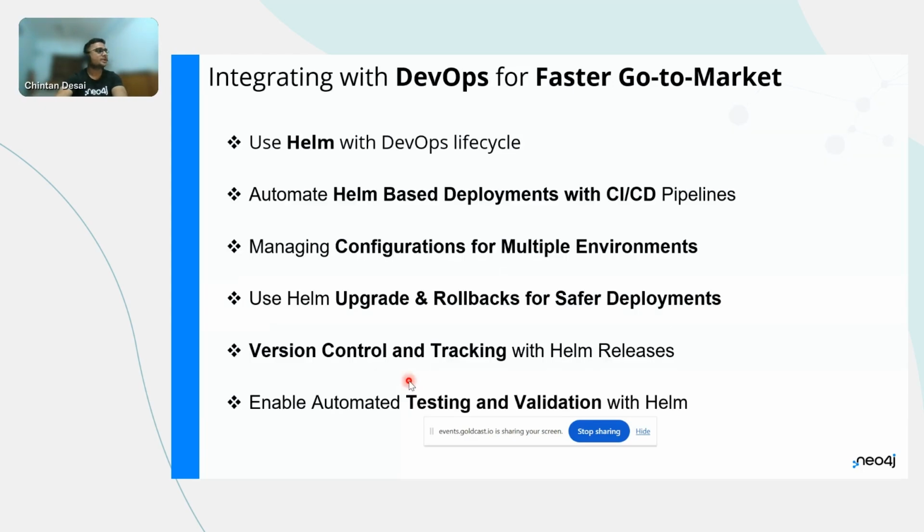Now, coming to integrating this practice with DevOps to enable a faster go-to-market. As I said, Helm chart gives you commands, so it can easily fit into the DevOps cycle, and it allows for consistent, repeatable deployments. Integrating Helm with DevOps is really simple.